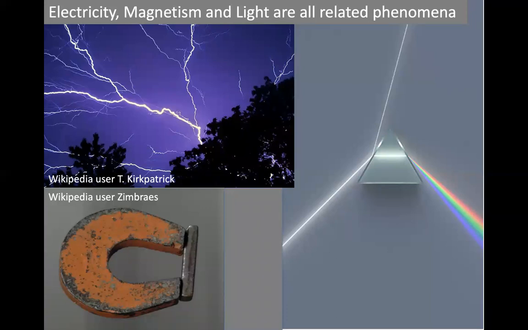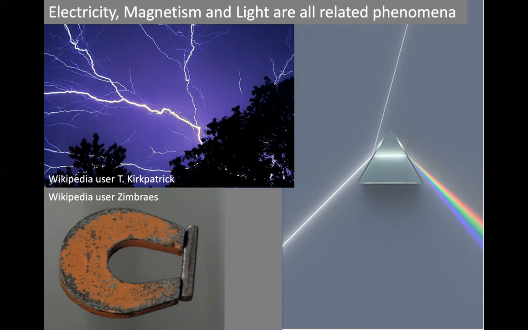This is not obvious, and it took people a long time to figure this out. But they are related. It turns out that what light fundamentally is, is an oscillation that can be generated by the motion of charged particles, like the ones that make lightning, things like electrons, things like protons.